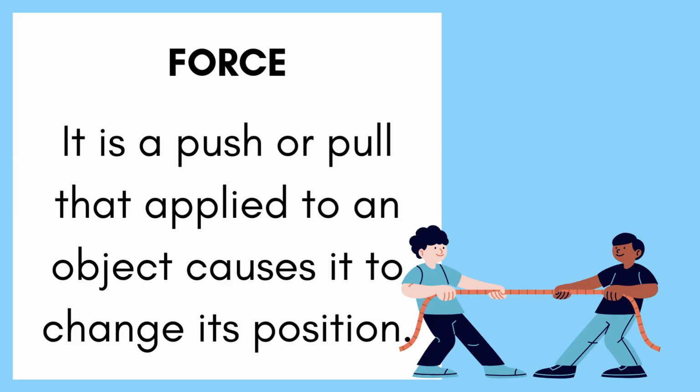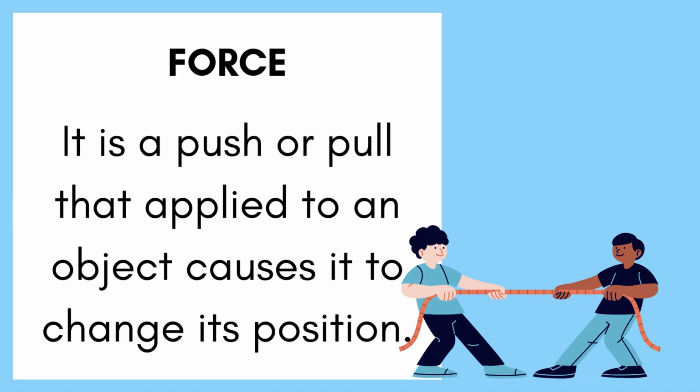So force is a push or pull that, applied to an object, causes it to change its position. Change its position means that the object moves, okay? So again, force means a push or pull that applied to an object causes it to change its position.